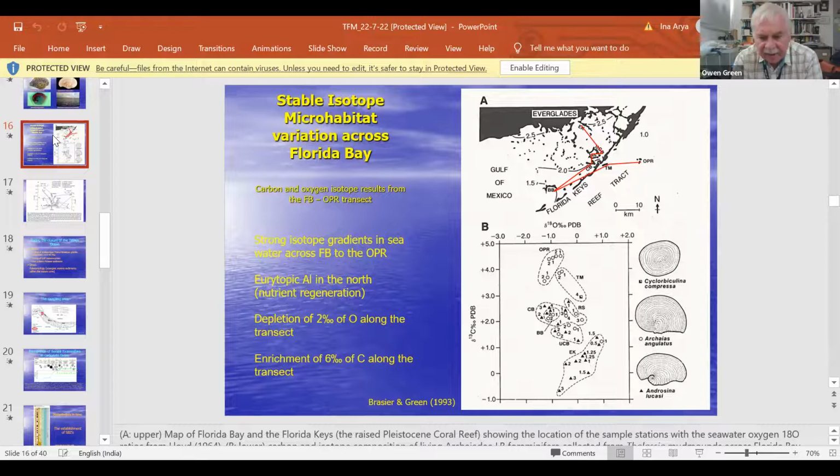going from at the south, we've got what is EK, that's Eagle Key. And then as we progressively go along the transect to the open ocean, the OPR is the outer patch reefs. And we sort of studied the three main, very large forms that we find there, Androcina, Archaeus, and Cyclobiculina.